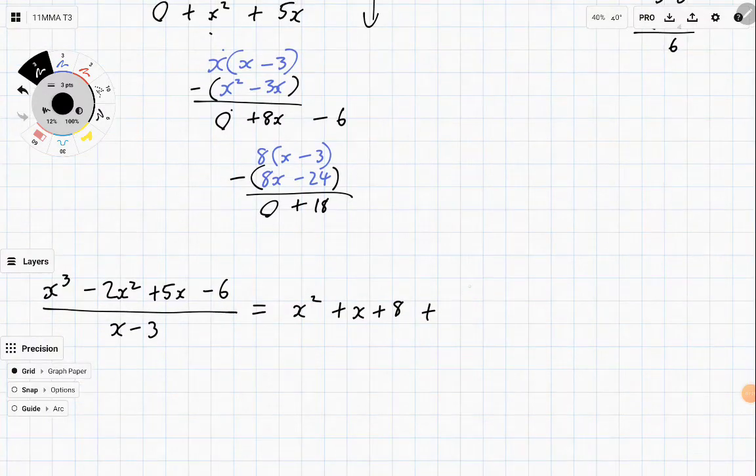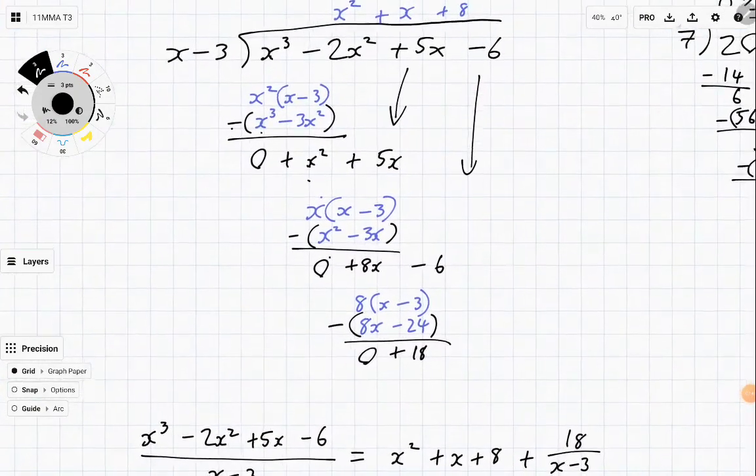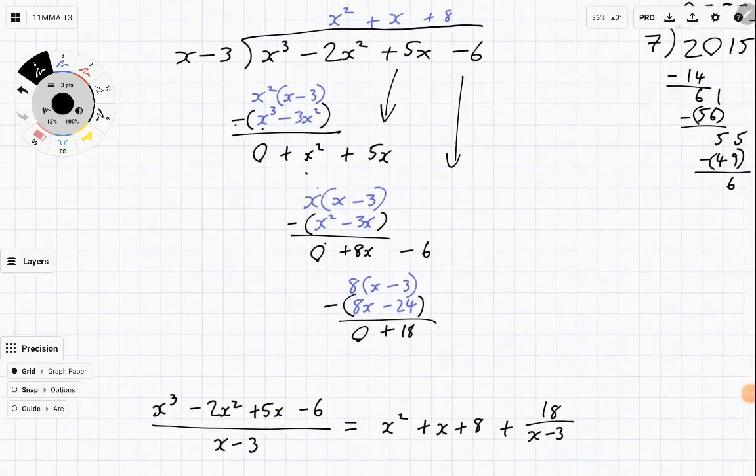Now the remainder is 18 on x minus 3. That's what I was dividing by, and that was my remainder. So this was my whole part, there's my remainder. So that is polynomial division. It's quite tricky, takes a few steps to get right, but it certainly can be done.